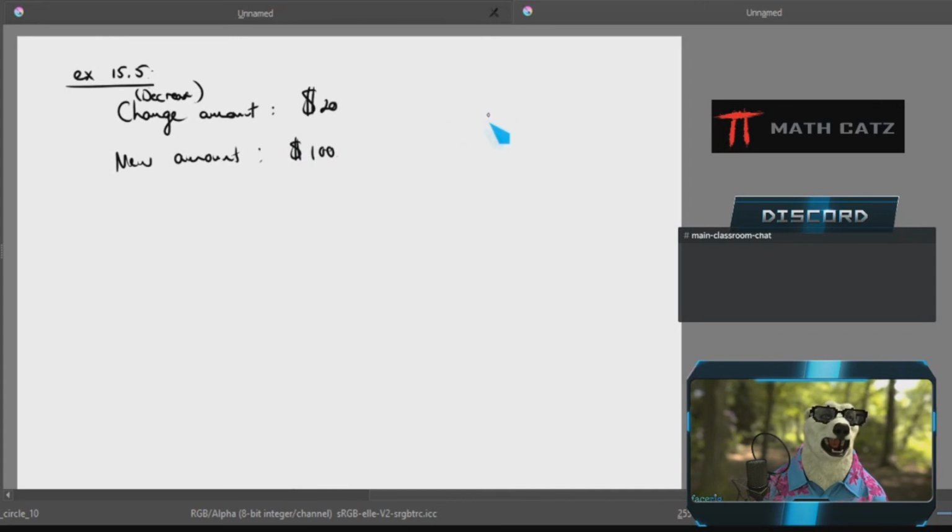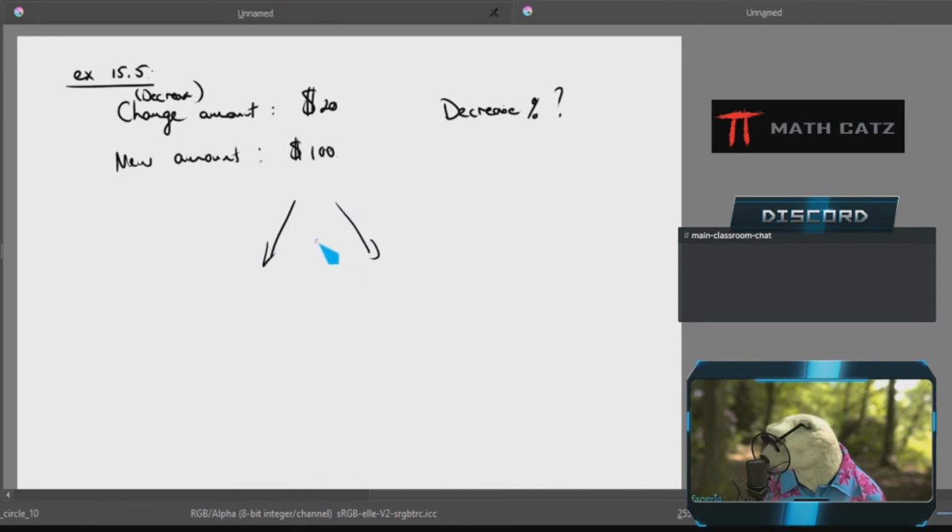They want to know, again, what is the decrease percentage or the discount percentage. Okay. But the information that I'm given is different. So now I can go again and look at the two to know my options, but you don't have to do both, of course.